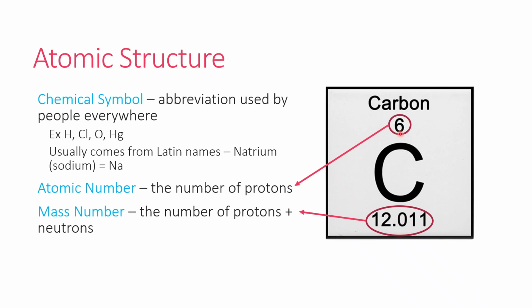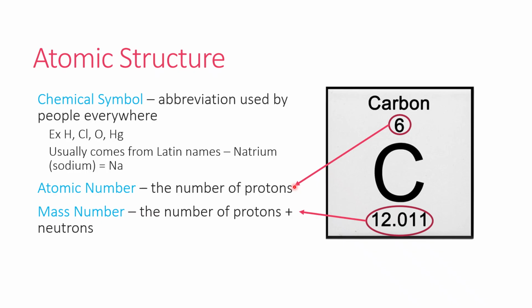Now the top number here is going to be the atomic number. Now the atomic number is going to give us the number of protons in that atom. Now we can deduce from this knowledge the number of electrons, because remember, we want atoms to be electrically neutral. So protons have a positive charge, so for every positive charge, we need a negative charge.